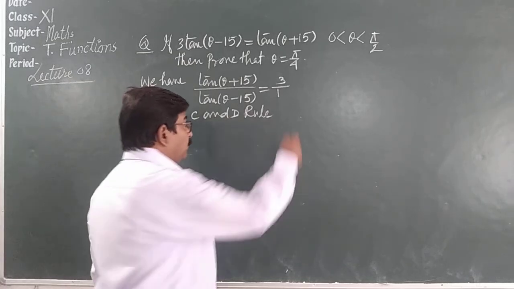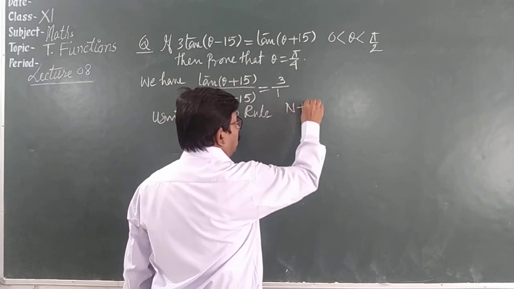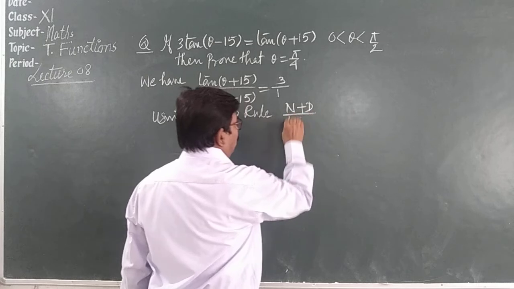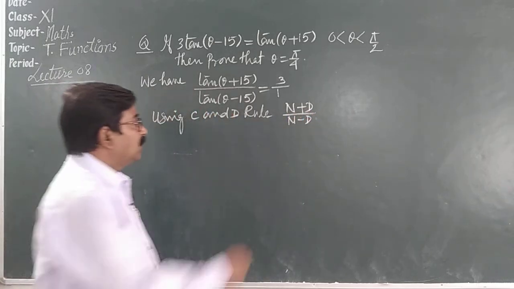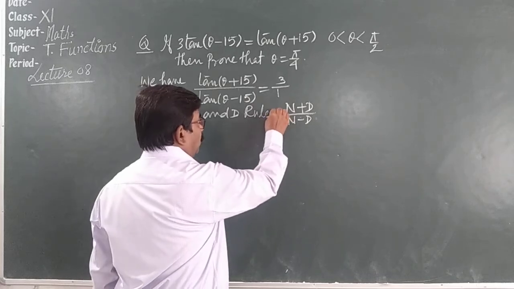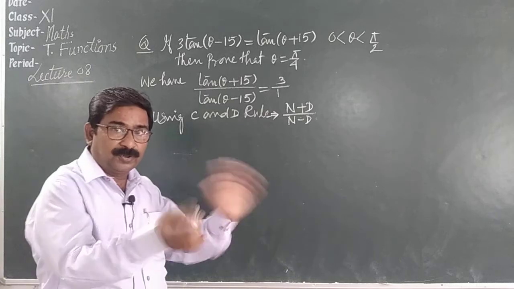What is this rule? We take numerator plus denominator upon numerator minus denominator, on both sides.